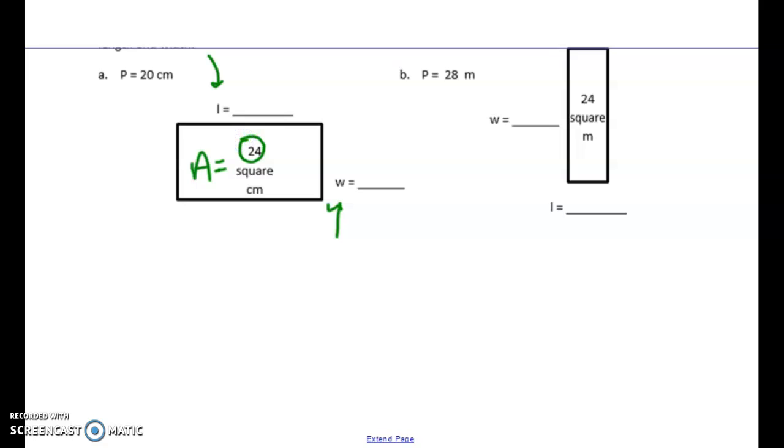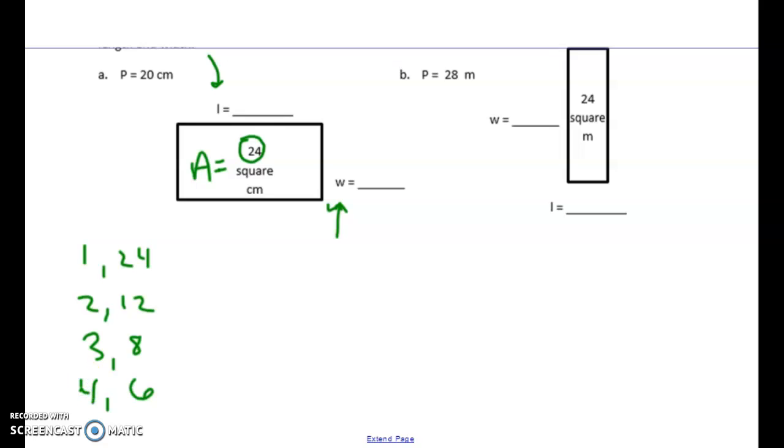So I need to start thinking about the different factors of 24. So we're going to have 1 and 24, 2 and 12, 3 and 8, 4 and 6.